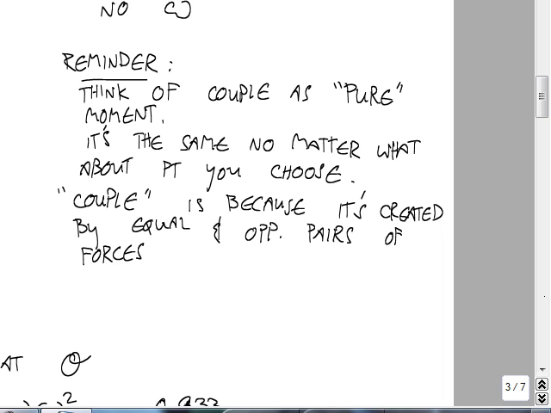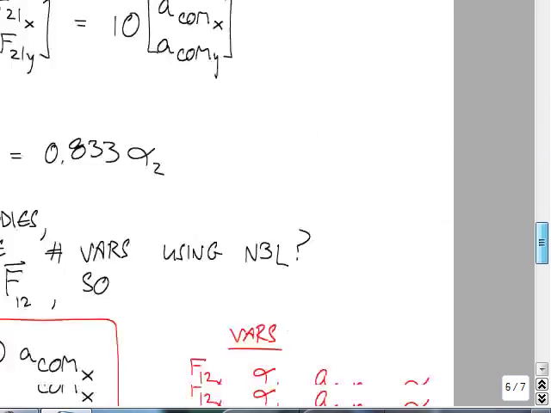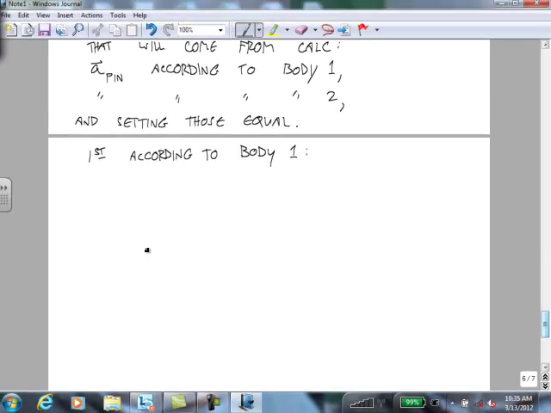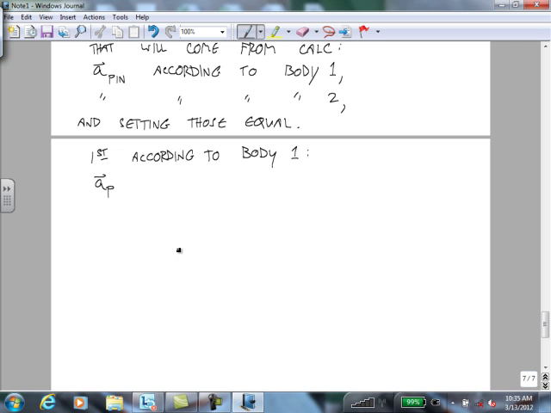You can think of it as the acceleration of P is equal to the angular acceleration of body 1 crossed with this r vector for body 1 plus omega of body 1 crossed with omega of body 1 cross r1.